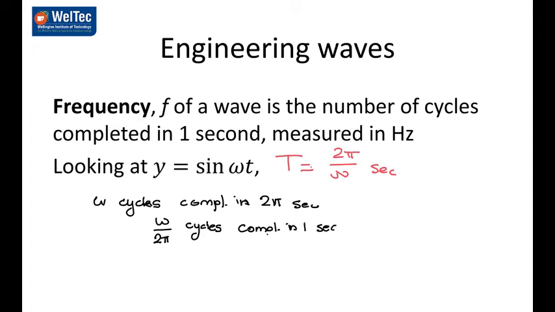Now we've said that the number of cycles completed in a second is the frequency, so we can see from that that T is equal to 1 over f, or f is equal to 1 over T, and it'll be measured in hertz.